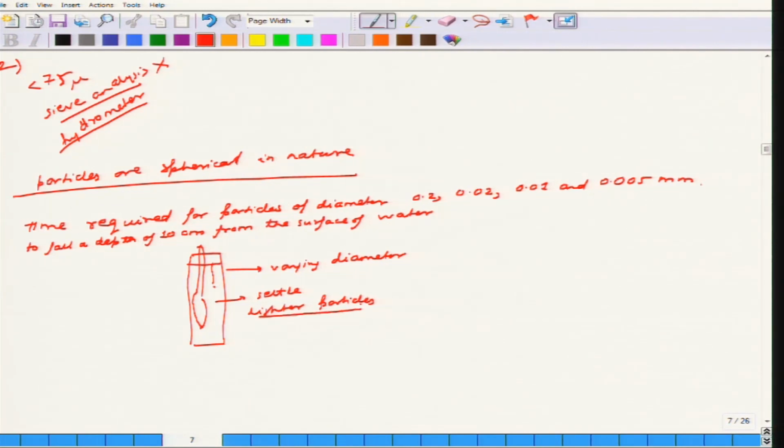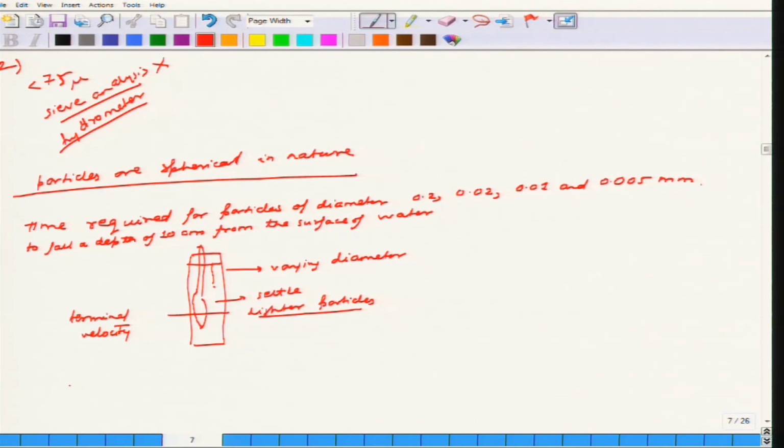According to Stokes' law, when a particle reaches the center of the bulb of the hydrometer, it is assumed to have reached terminal velocity, and from the Stokes' law equation the diameter of the particles is found out.